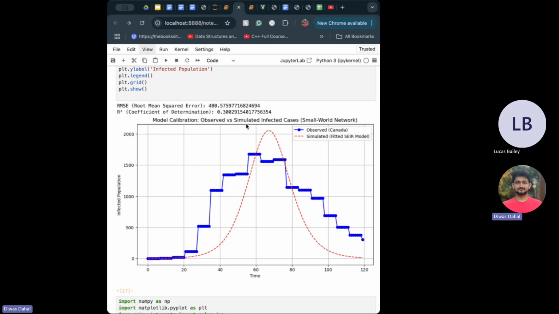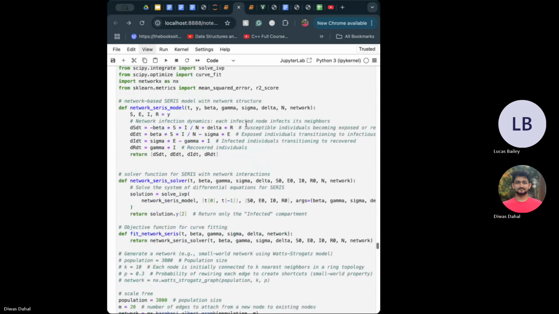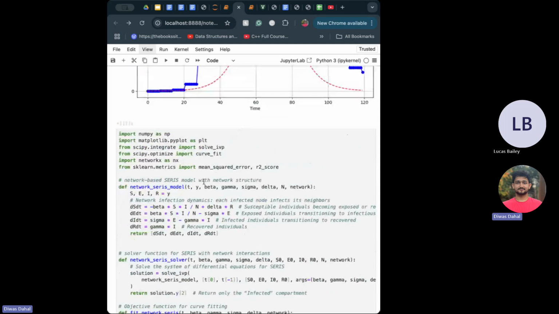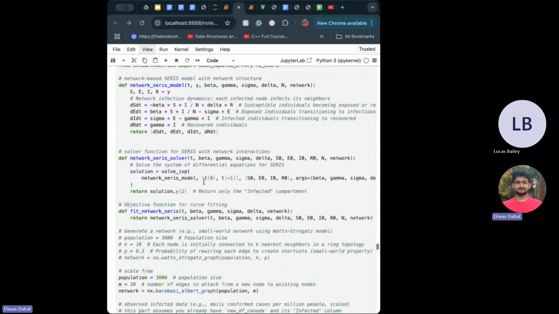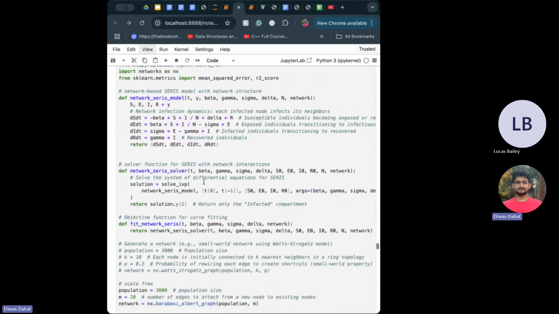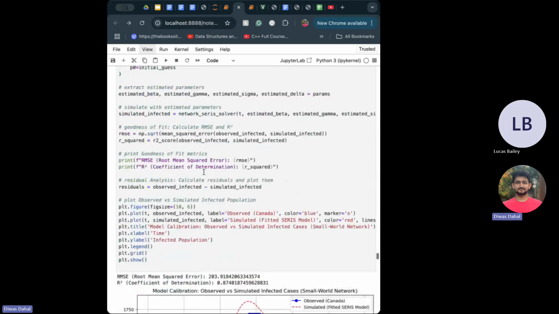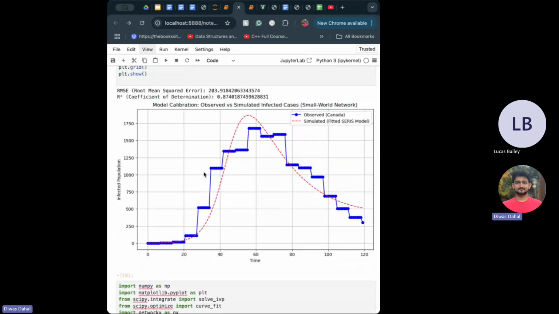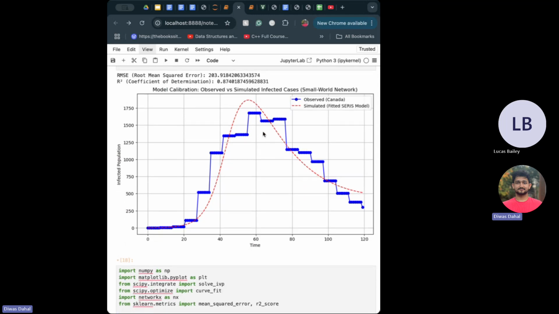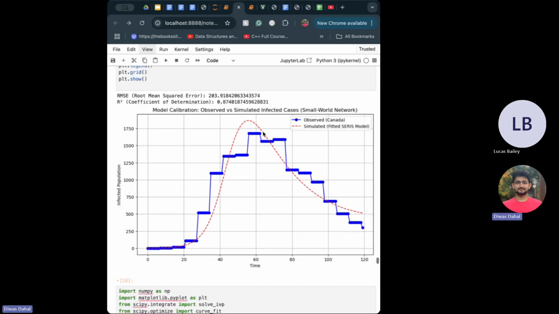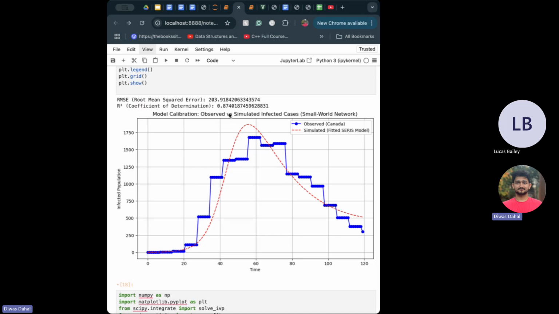And then just for the sake of it, we also tried to do this. This is for SEIRS, which is infected, exposed, susceptible, and we had a better R squared coefficient, suggesting that with different compartmental models and different networks, we can actually simulate how a pandemic would occur in real life.